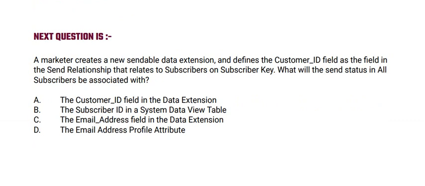Options are option A the customer ID field in the data extension, option B the subscriber ID in a system data view table, option C the email address field in the data extension, and option D the email address profile attribute.